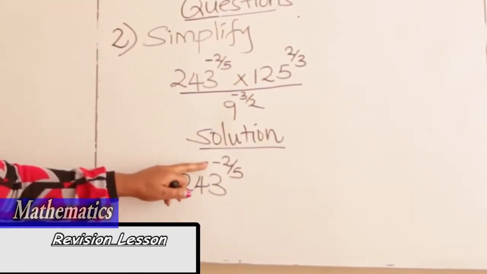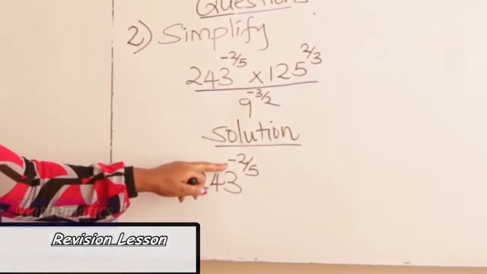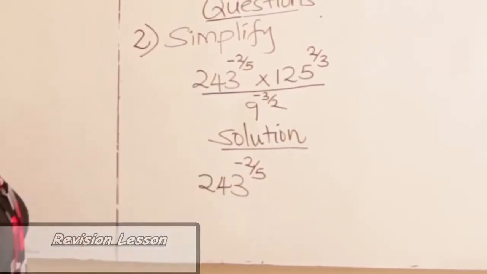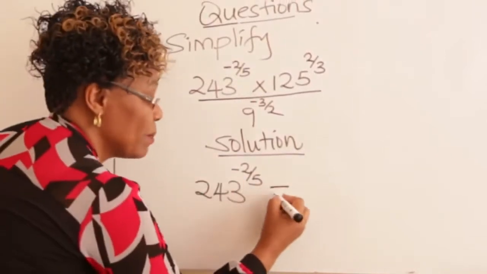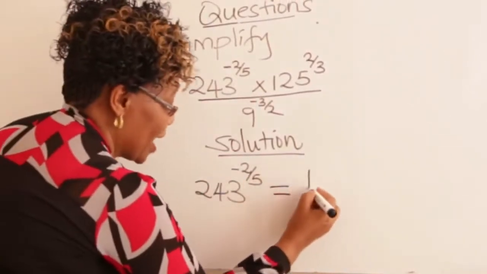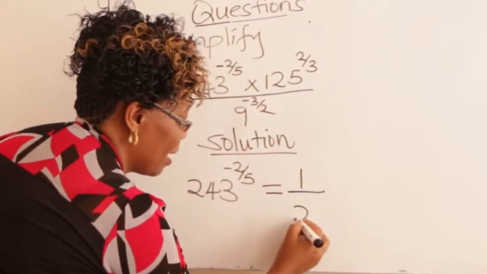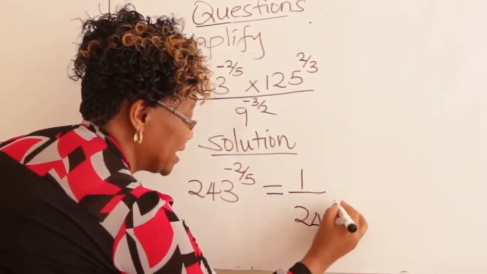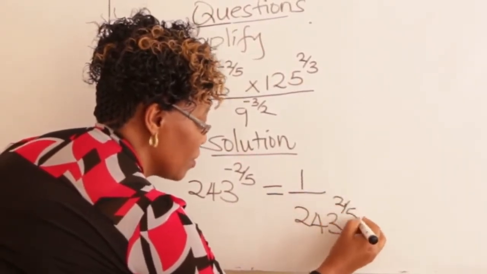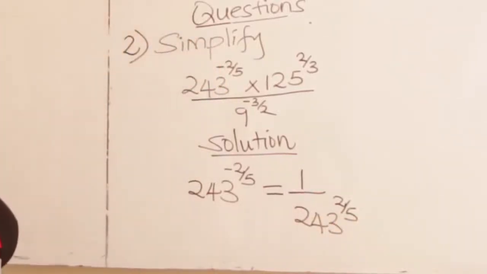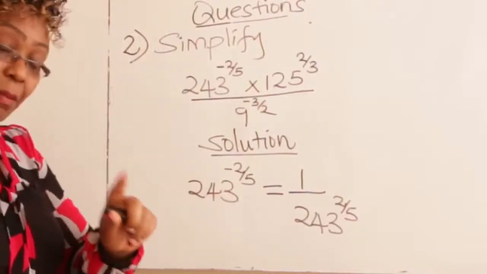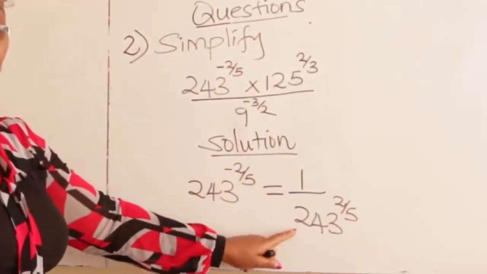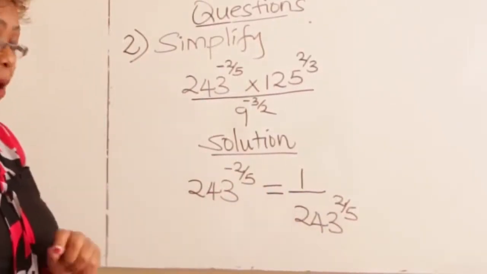This number is raised to a negative power. Remember the rules of indices, learner? Any number raised to a negative power is the same as 1 over the number, but now raised to a positive power.